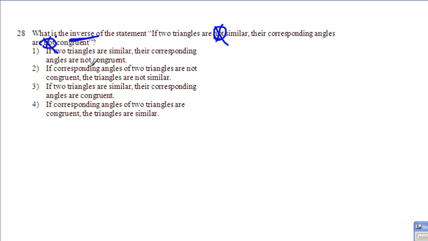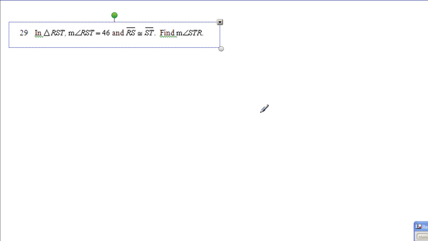No. It seems like the third one seems to be our choice. If two triangles are similar, their corresponding angles are also congruent. All right. Basically taking away the not signs.